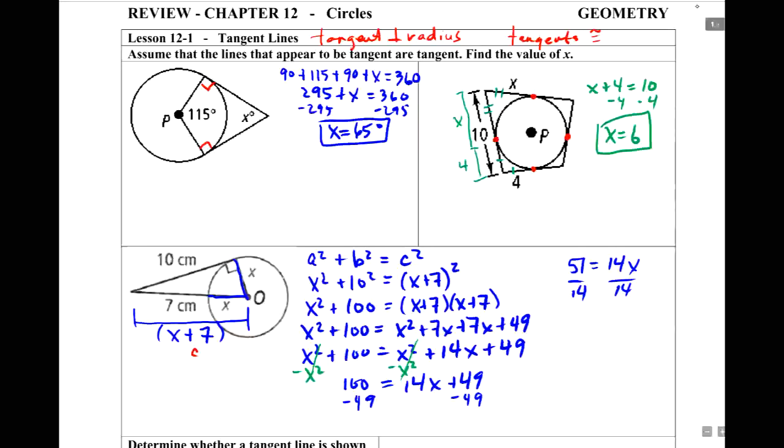And x equals 3.642857, so we'll round to the nearest tenth, 3.6. So our radius is 3.6 centimeters. Don't forget your units. If you're given units, your answer will have units. All right, those first three weren't bad.